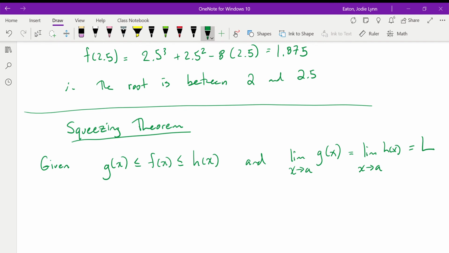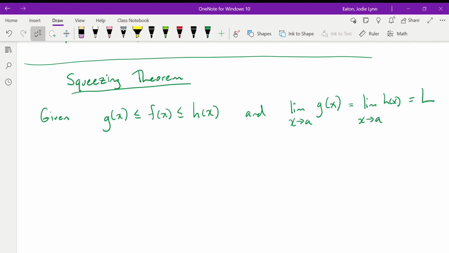We can then say, because f of x has to be between those two functions all the time, greater than or equal to one and less than or equal to the other, then the limit of f of x has to be the same, because if they both have the same limit and f is always between them, it's kind of squished between the two functions. So then the limit as x approaches a of f of x also has to equal L.